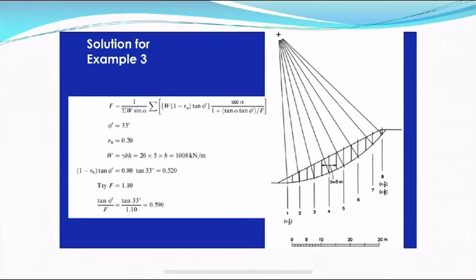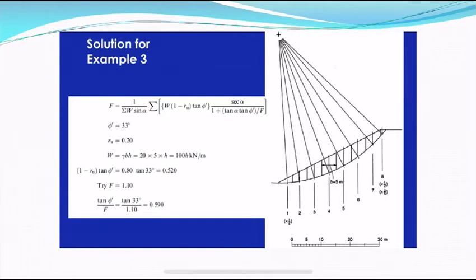Now let us see how this can be solved by using Bishop's method of slices. The expression is given here, which we have discussed in this lecture itself, and we divided the slope into slices of equal width. These are shown here, and phi dash is equal to 33 degrees and Ru is equal to 0.2, which is considered.